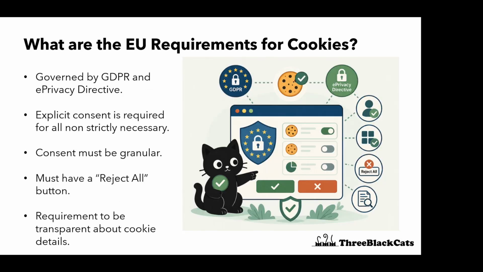So let's go to a group of countries that is very much stricter. EU requirements. I'll touch on the UK as well because they are similar but subtly different. The EU is governed by two pieces of legislation: GDPR, which is the equivalent of their Privacy Act, and what's called the e-privacy directive.